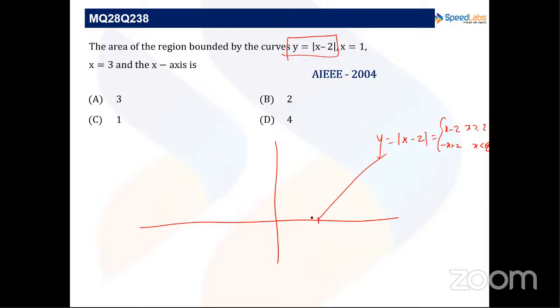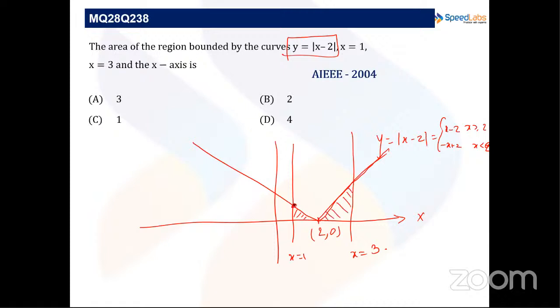So we will be having these two straight lines. And we are having x equals to 1. And we are having x equals to 3. So we are required to find this area.